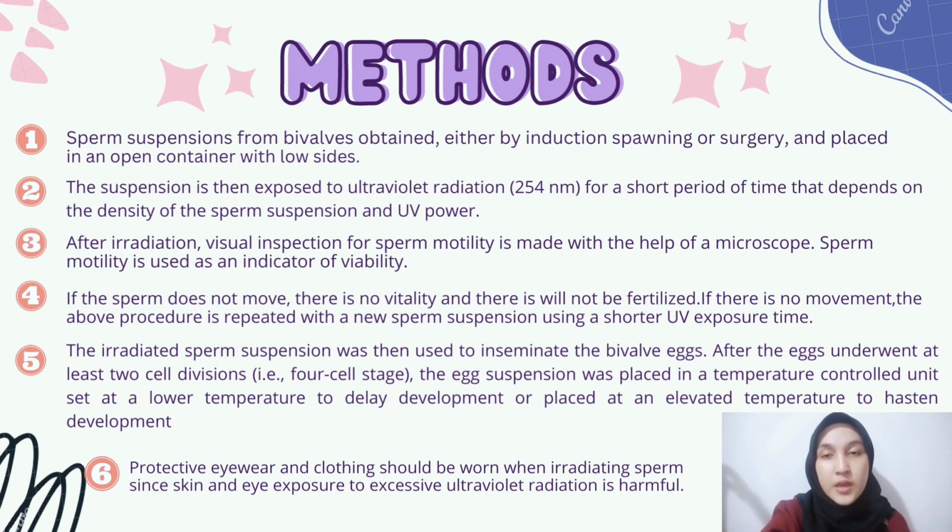Number 5, the irradiated sperm suspension was used to inseminate the larval eggs after the eggs underwent at least 2 cell divisions. The egg suspension was placed in temperature control at a lower temperature to delay development.